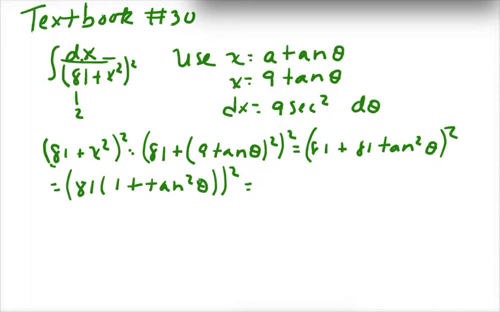And we're left with the substitution of secant squared for 1 plus tangent squared theta. So this is 81 secant squared theta squared. And I'm going to rewrite this in terms of power of 9 just to carry them along. So we're going to make the substitutions and we're going to integrate.